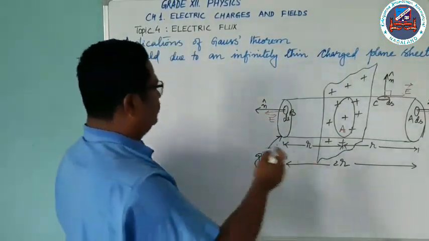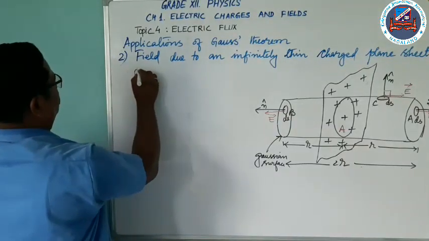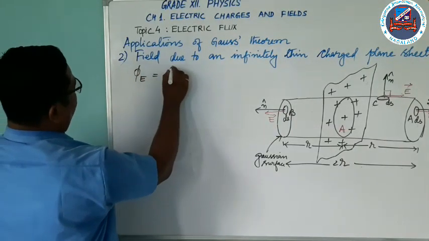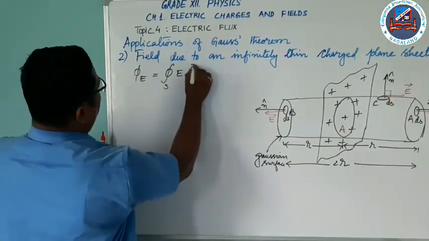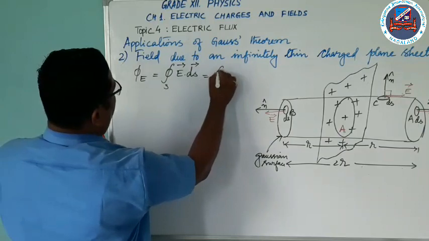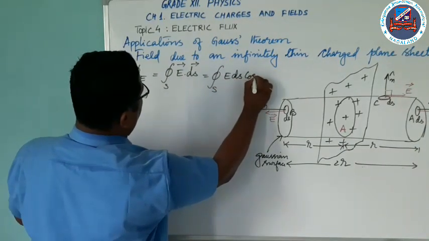So in this case, if you find out the net flux, phi E is equal to the surface integration of E dot dS. This will be the integration of E dS cos theta.